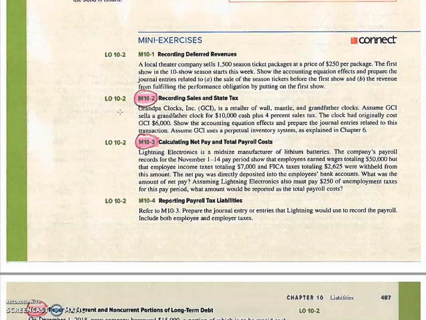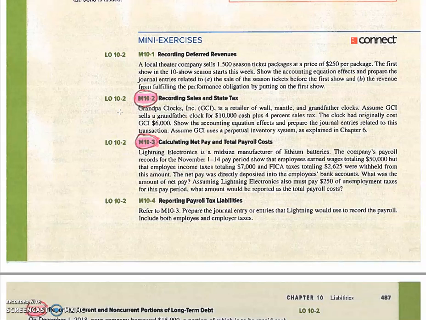Assume GCI sells a grandfather clock for $10,000 cash plus 4% sales tax. The clock had originally cost GCI $6,000. Show the accounting equation effects and prepare the journal entries related to this transaction. Assume GCI uses a perpetual inventory system as explained in Chapter 6.